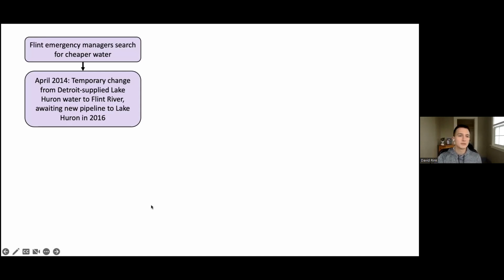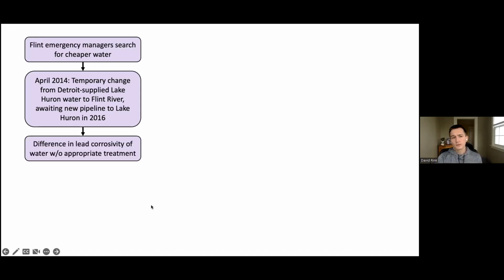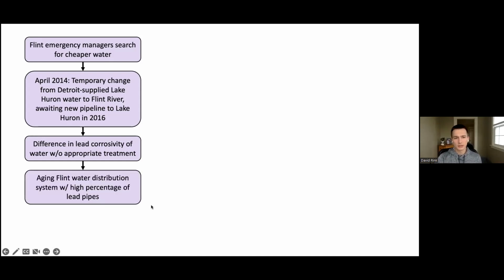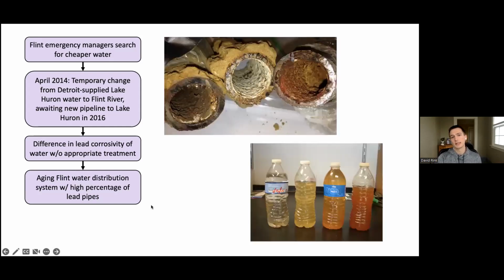And this was intended to be about a 2-year change while they awaited a new pipeline that was to be built in 2016. Unfortunately, the water supply from the Flint River had a different degree of lead corrosivity, and this was inadequately treated, which in combination with the aging Flint water distribution system and the high percentage of lead pipes led to images like these.